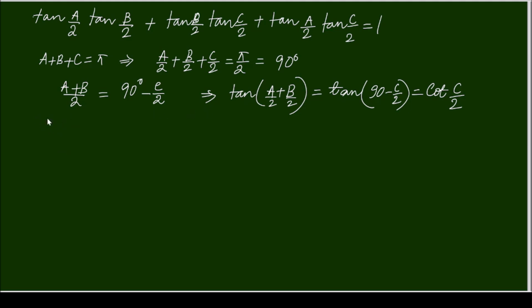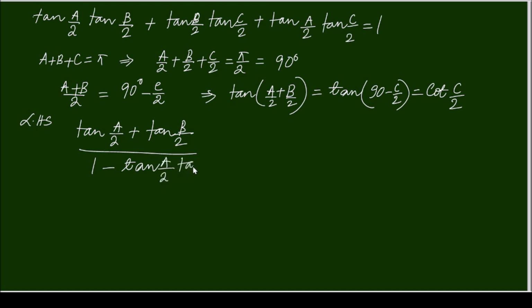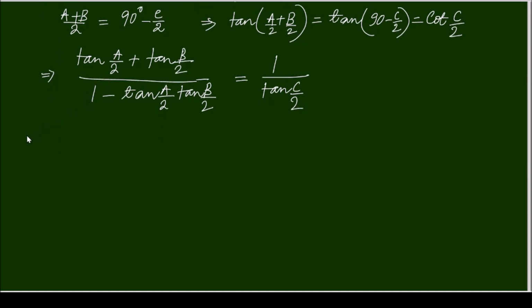So I am expanding this left hand side. LHS is tan A by 2 plus tan B by 2 over 1 minus tan A by 2 tan B by 2. Now this is equal to cot C by 2, so this can be written as 1 by tan C by 2. So now I'll cross multiply.